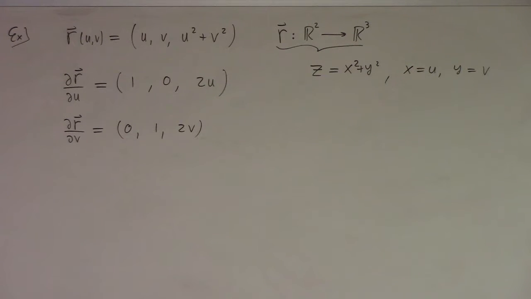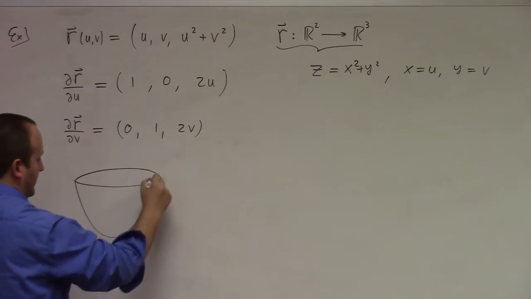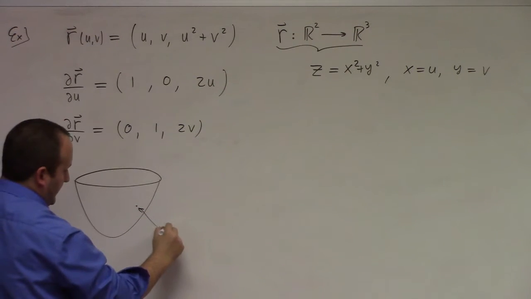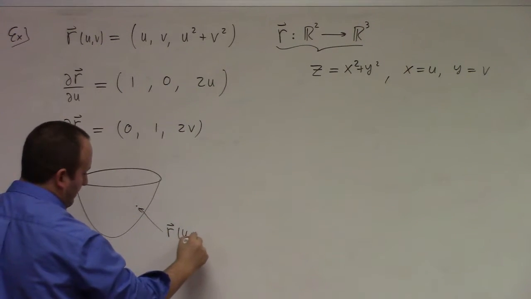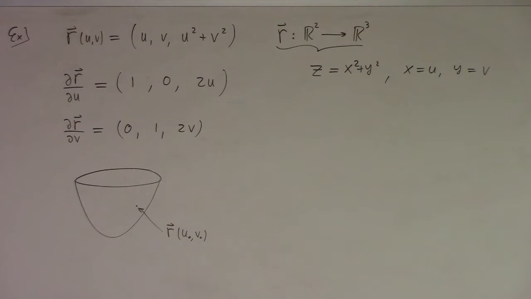If we pick a particular point, right? If you think about taking a particular point on this paraboloid, say this point right here. So suppose that's r of u naught v naught. What's the geometric significance of these two vectors?